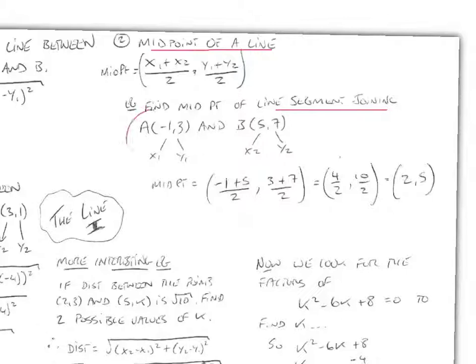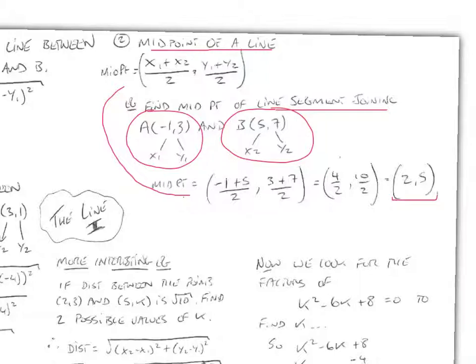Well, we note this as our x1, y1 coordinate, and the point B our x2, y2, and we simply plug in our values into the formula, and we see that the midpoint between the point A and B is at 2, 5, where x is 2 and y is 5 on the Cartesian plane.